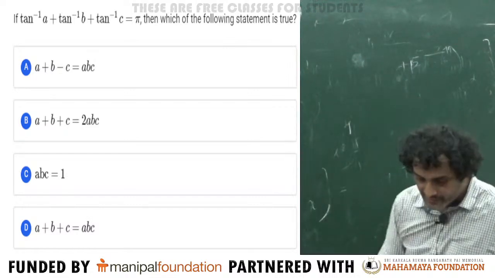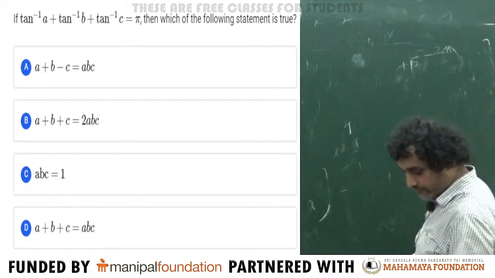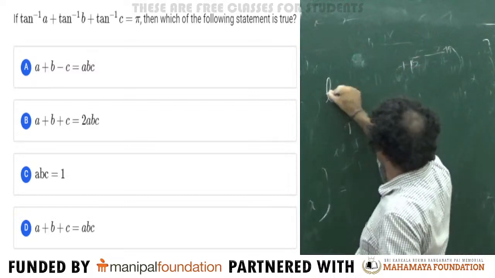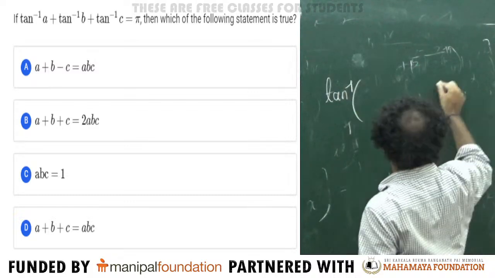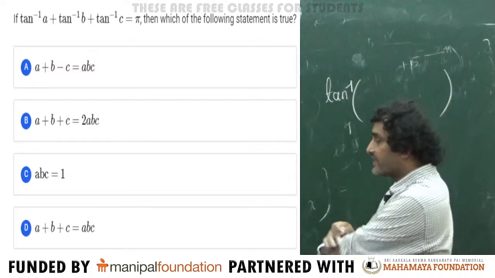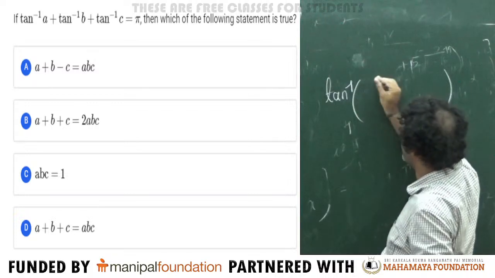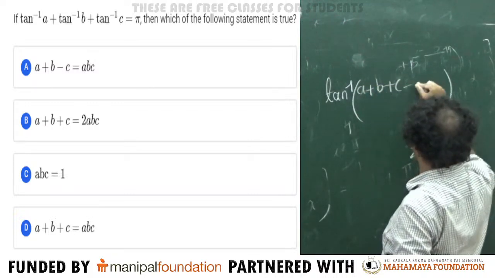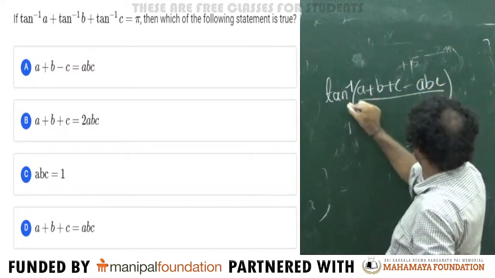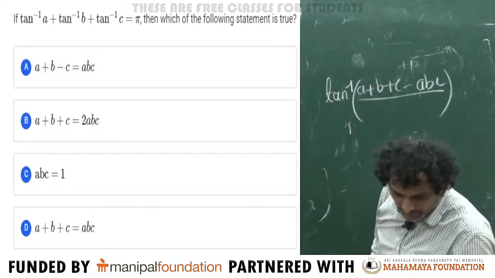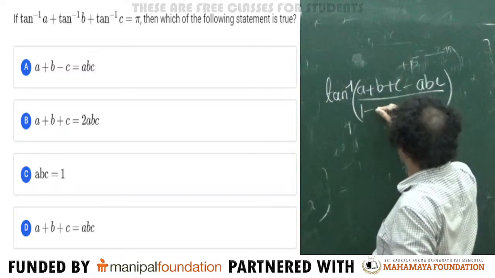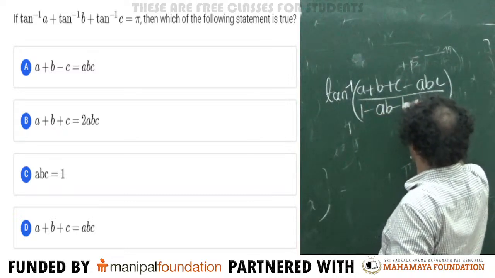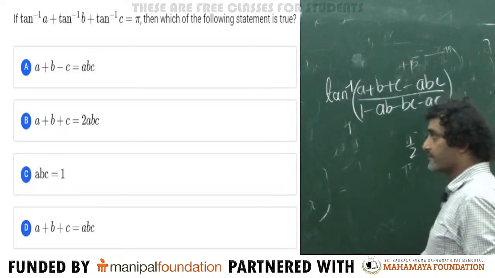So, do you have tan inverse A plus tan inverse B plus tan inverse C? It will simply become tan inverse of (A plus B plus C minus ABC) divided by (1 minus AB minus BC minus AC).